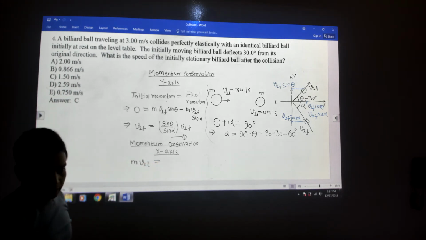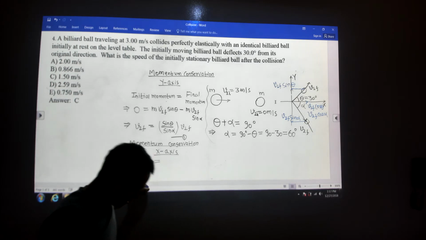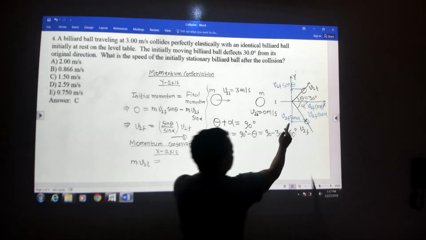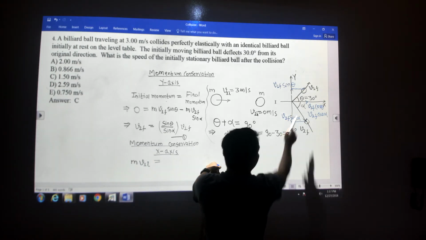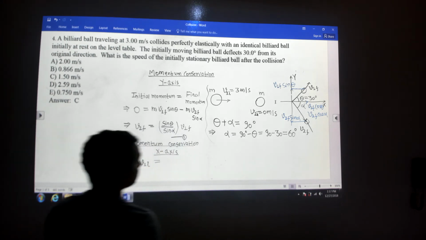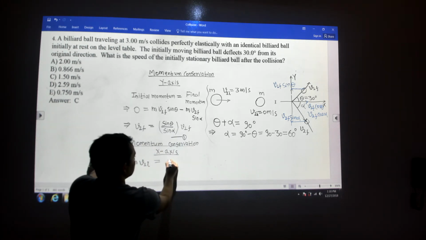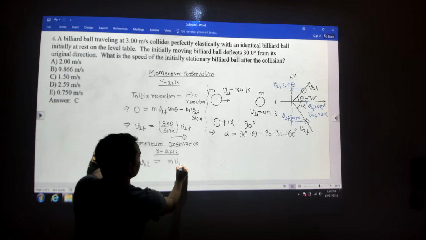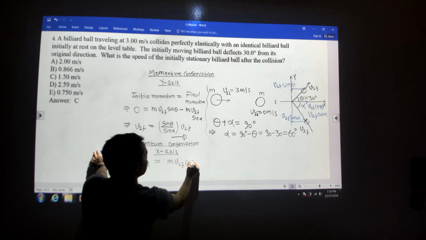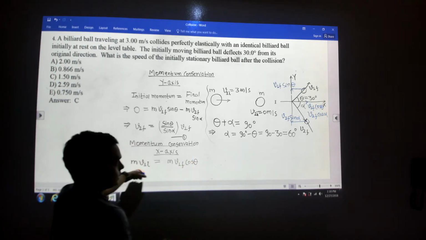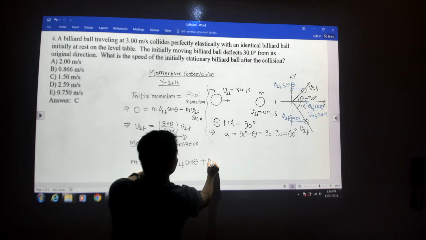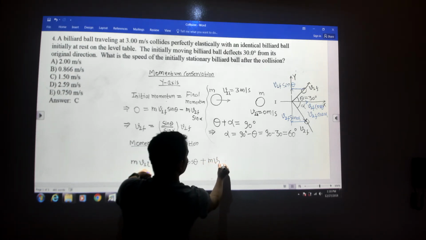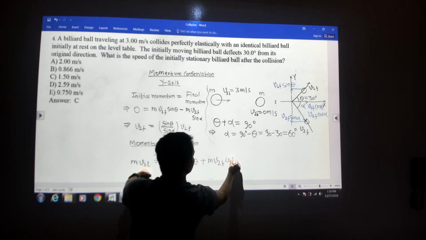The final momentum takes both balls: mass times V1F cosine theta, and mass times V2F cosine alpha.